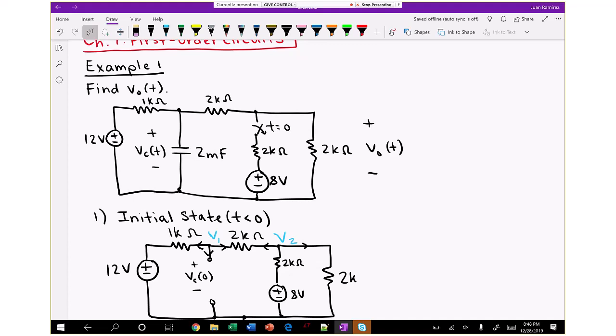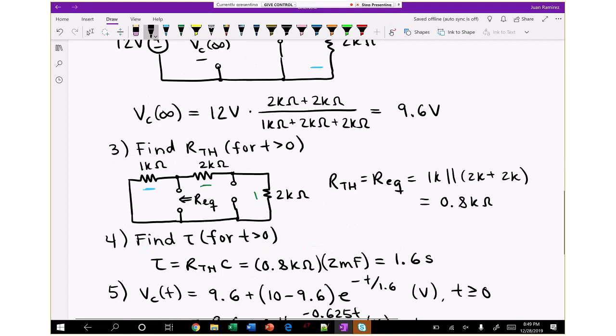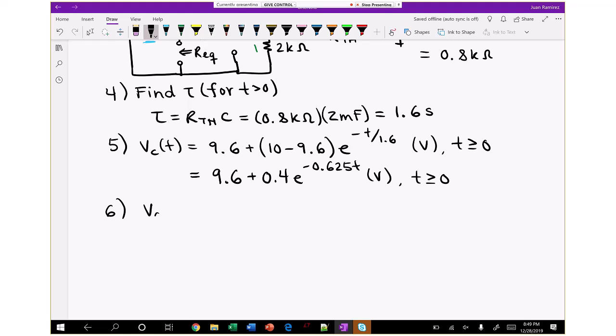So make sure you can visualize the fact that capacitor voltage is the voltage across the two kilo ohm resistors in series. And once you know that, you're looking for the voltage across one of the 2 kilo ohm resistors. So we will go ahead and do voltage division. V out of t is equal to Vc of t times one of the 2 kilo ohm resistors, the one that you're looking for the voltage across, divided by the sum of both of the series resistances.